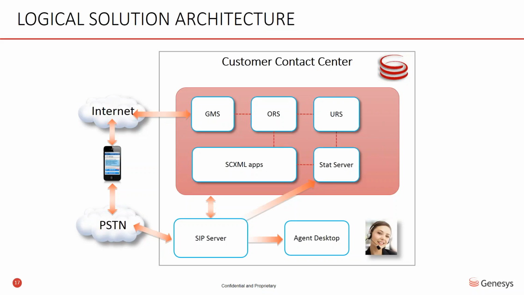Here we go. Okay, so again, we support across the mobile app, through the IVR, through the website, and all those requests are being sent through GMS. GMS is then using orchestration server behind the scenes with an SDXML application, and then using Router and stat server to find out which agent to send it to.